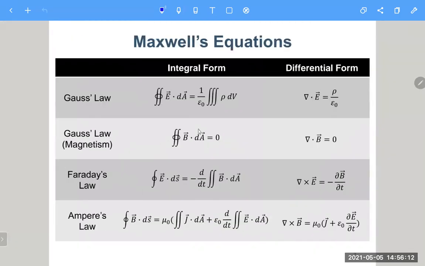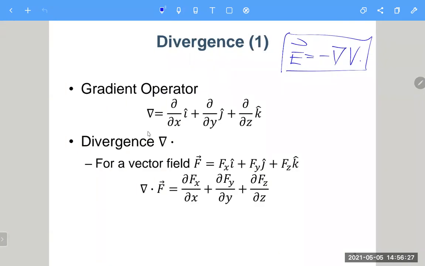So in the previous page, we not only have the gradient operator, we have a dot here and also a cross here. So actually, this is the dot product and the cross product. It is like you have the gradient operator taking the inner product with a vector field.